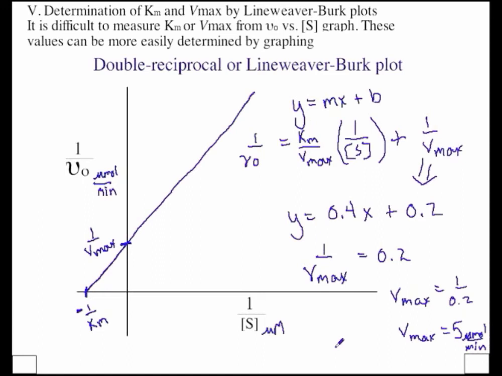Cool. So now that we know Vmax, we could figure Km by just simply knowing right here that Km over Vmax is going to be equal to 0.4 on the equation. So let's erase and go ahead and do that.